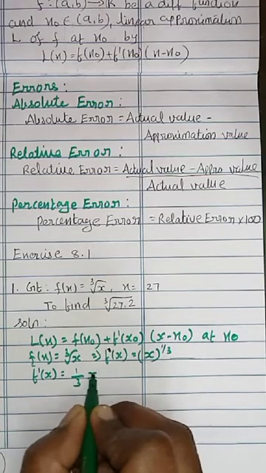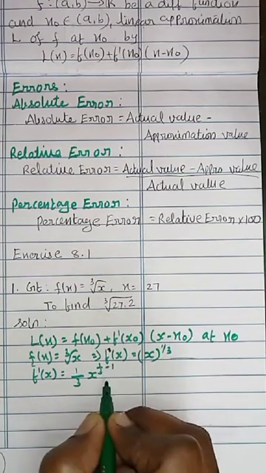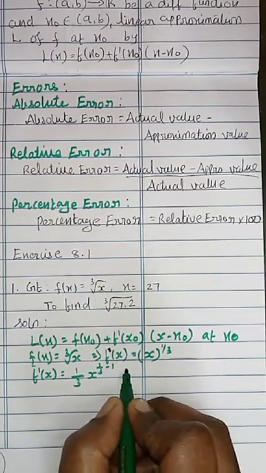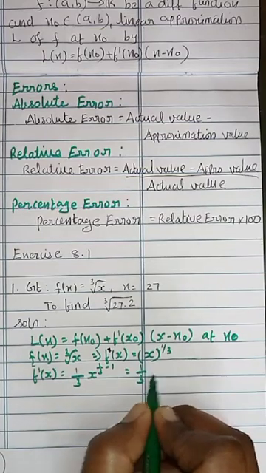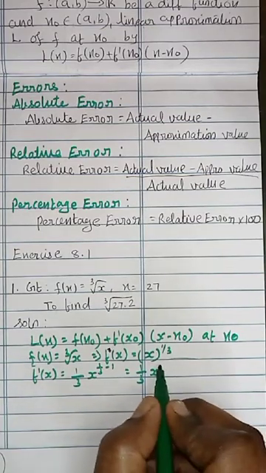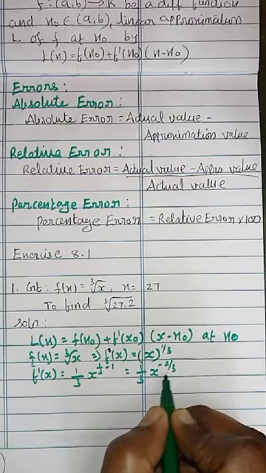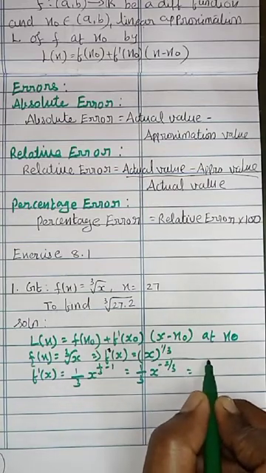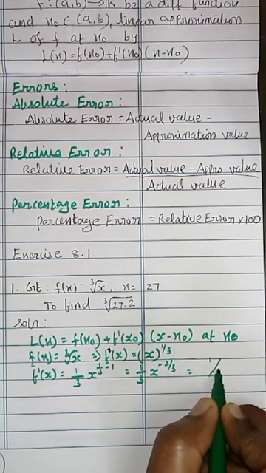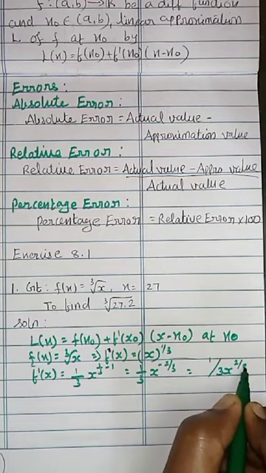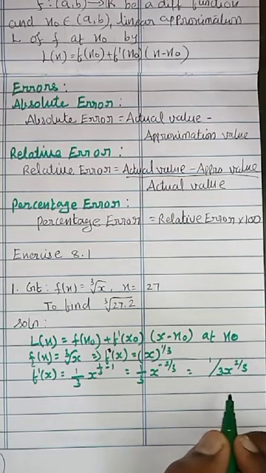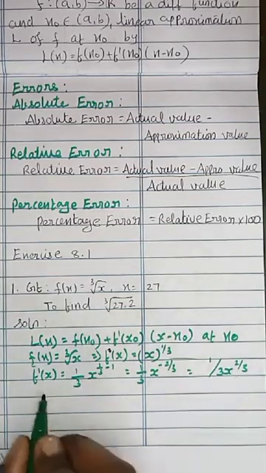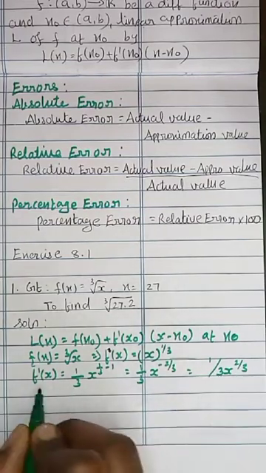N x power n minus 1. Which is equal to 1 by 3 of x power minus 2 by 3. And taking x to the denominator, you will get 1 by 3 x power 2 by 3. Is that okay? Now we have got f of x and f dash of x.